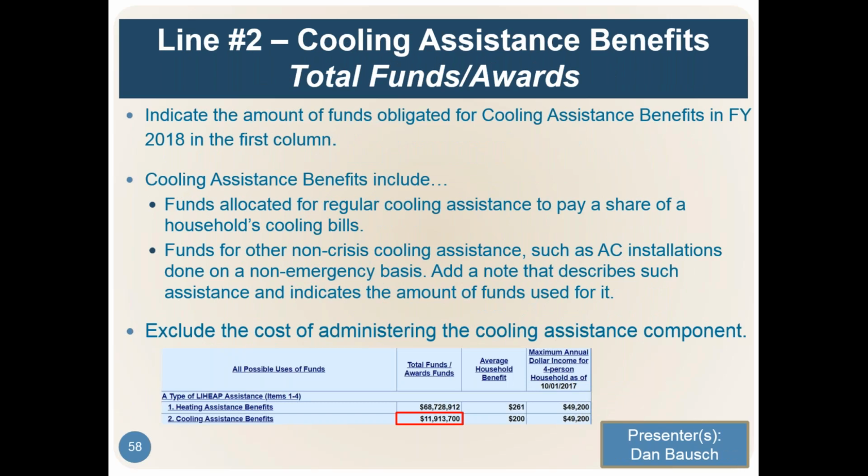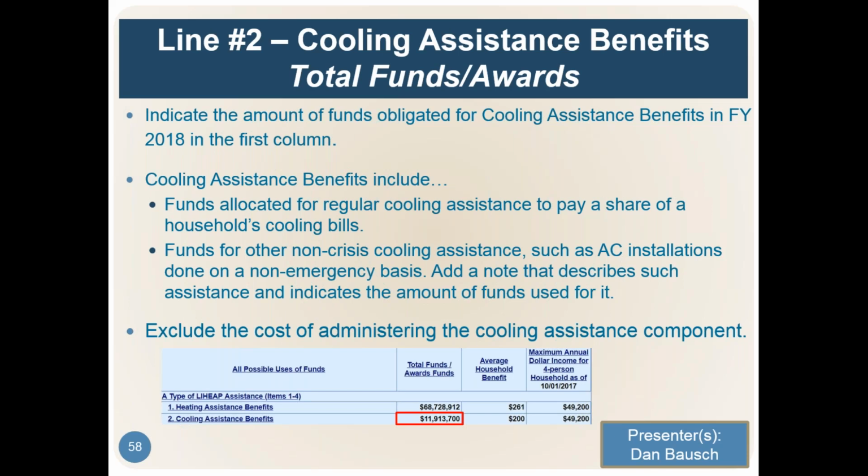Right under heating assistance is line 2 for cooling assistance benefits. So cooling assistance benefits generally include funds that are allocated to help pay for a share of a household's cooling bills during the cooling season, and funds for other non-crisis cooling assistance, such as air conditioner installations done on a non-emergency basis.